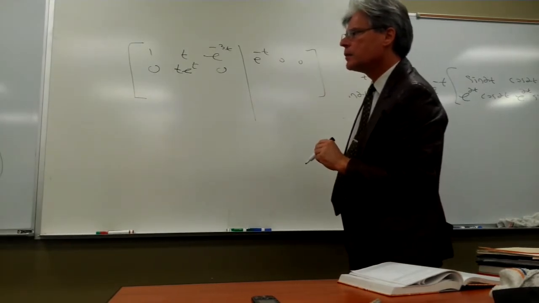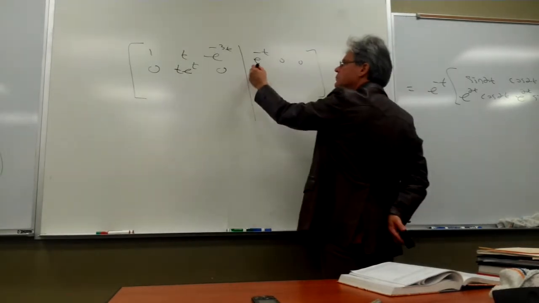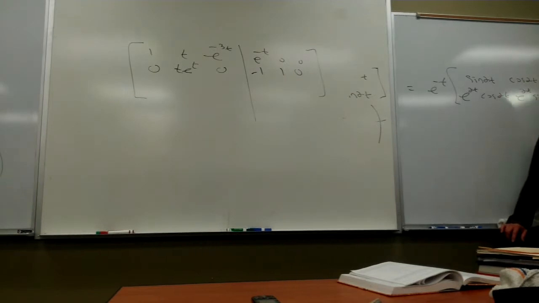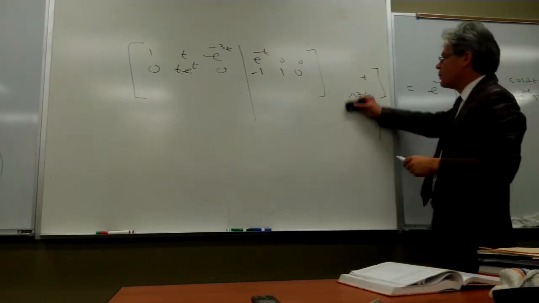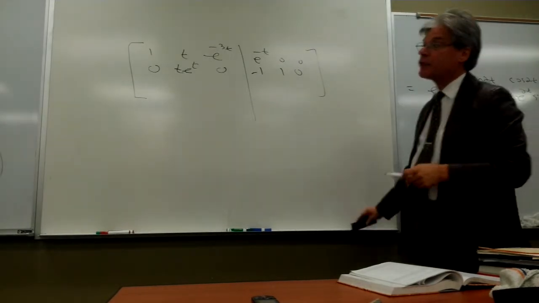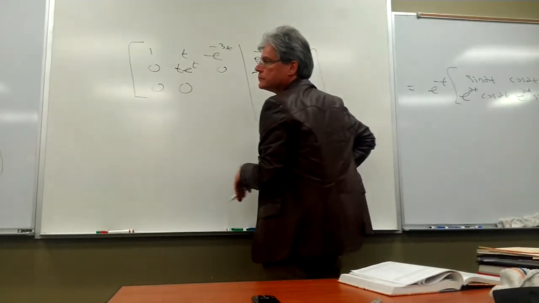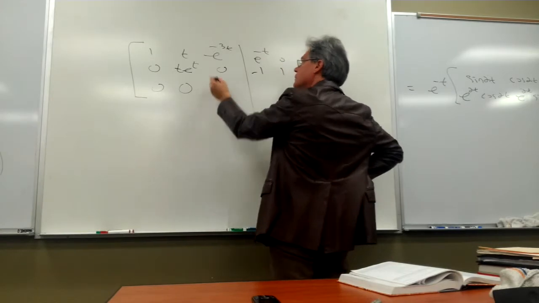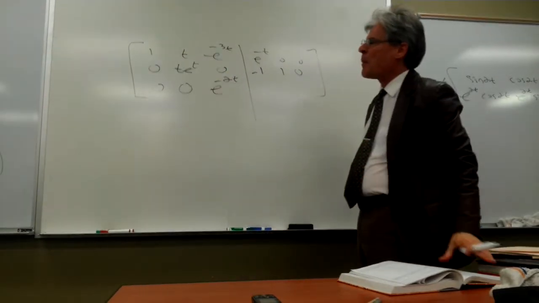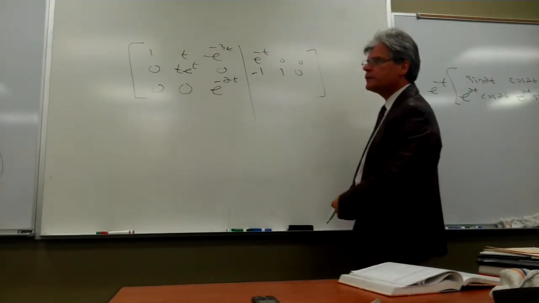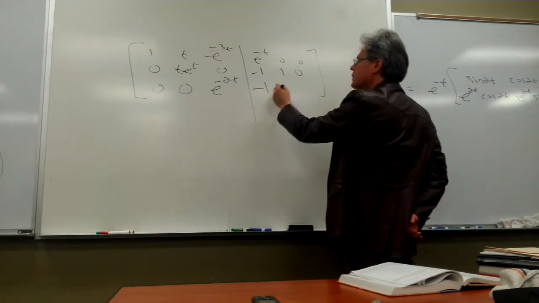Is that gonna give me a negative 1? 1, 0. Playing the same game, multiplying the first row by negative e to the t, adding to the third row, that's going to give me a 0. Positive e to the negative 2t? Oh, I forgot the rest, my apologies. Is that going to be a negative 1, 0, 1?